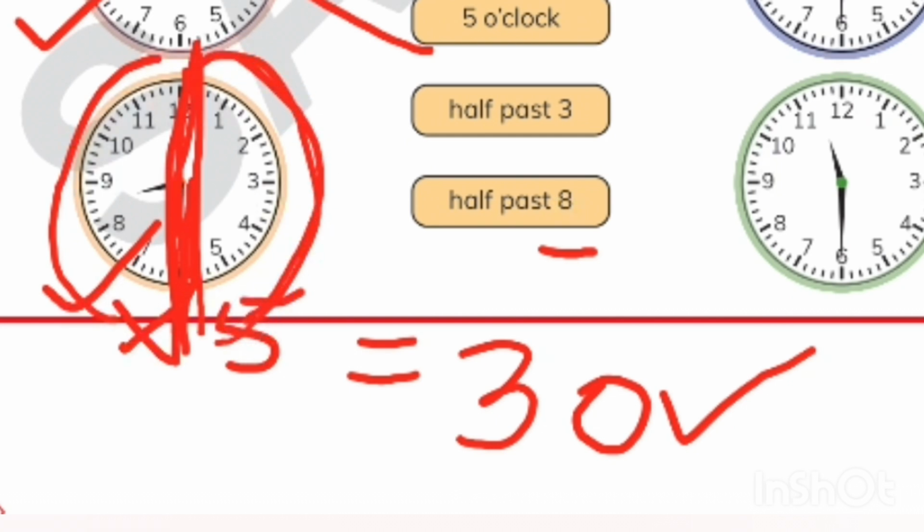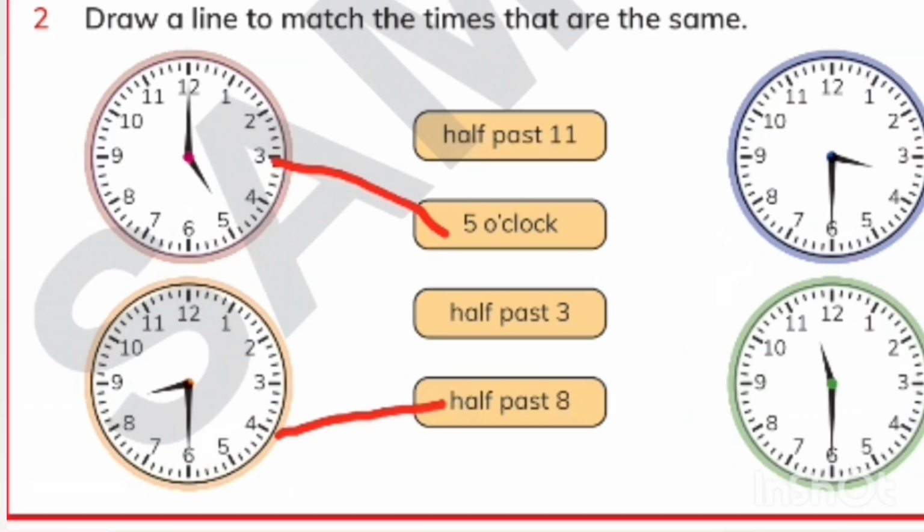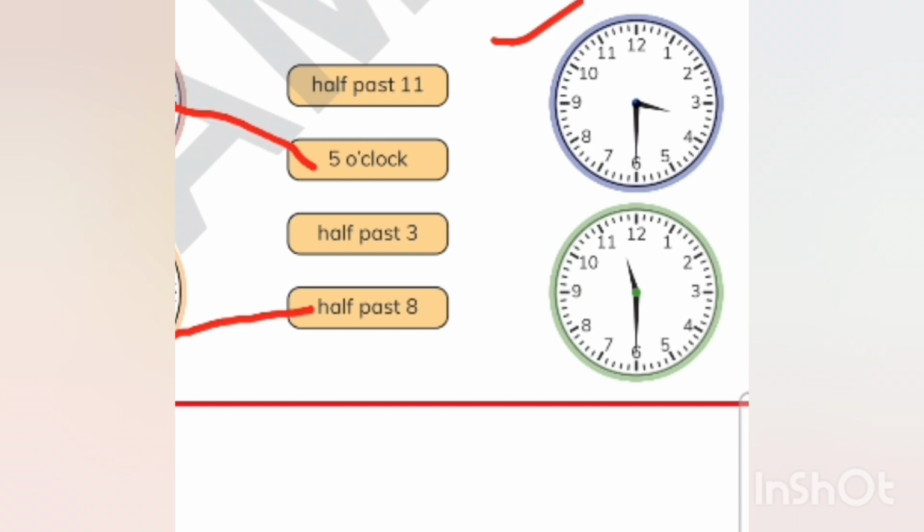Half past 8 means half an hour of 8 has gone, that's why we are saying in words half past 8. Okay, I am writing clearly so that you can understand easily. This clock we will match with this, and this clock will be matched with this. Half past 8. Now we are moving towards this clock.